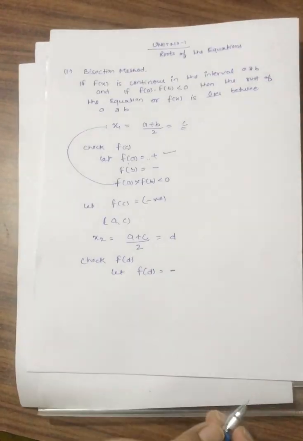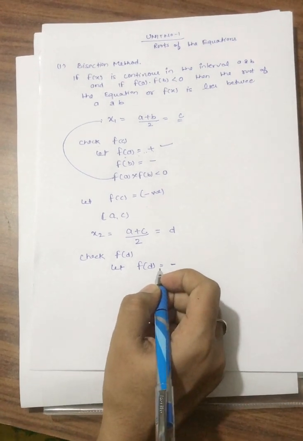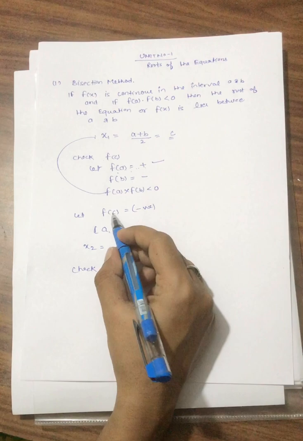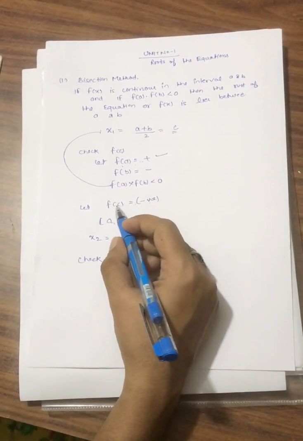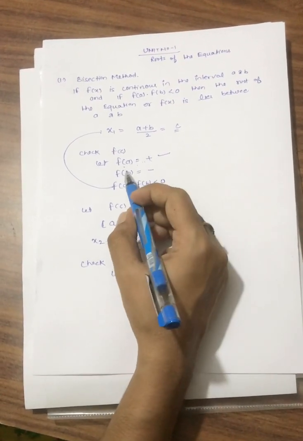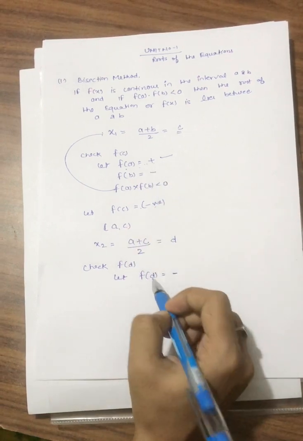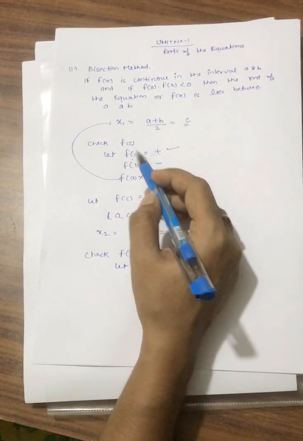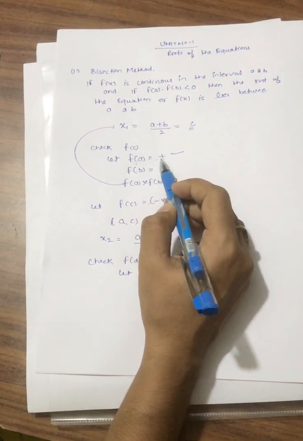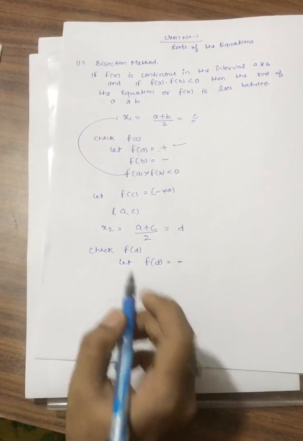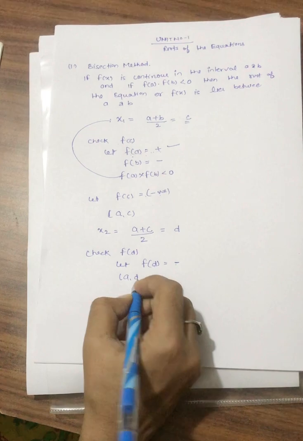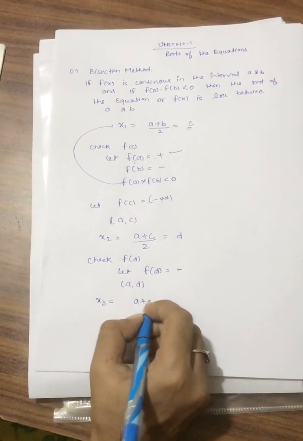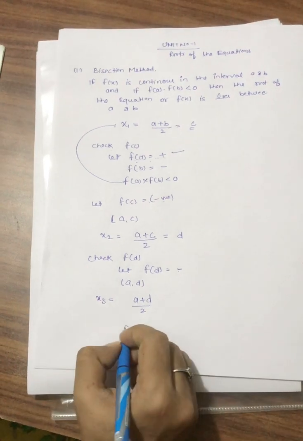Now you have to check the previous values, at what point it is positive, right? So the value at the point c is negative, so you cannot take the point c, and the value at b is also negative and d is also negative, so you can't take b. Now the value at the point a is positive, so the next interval is a and d, and your third root is x3 equals to a plus d by 2, and so on.